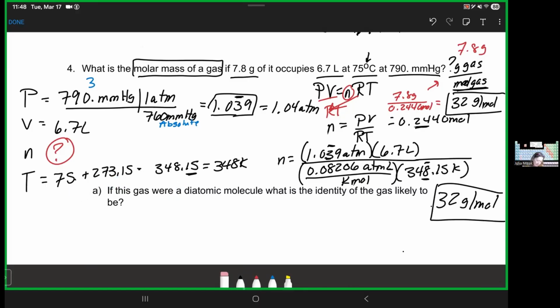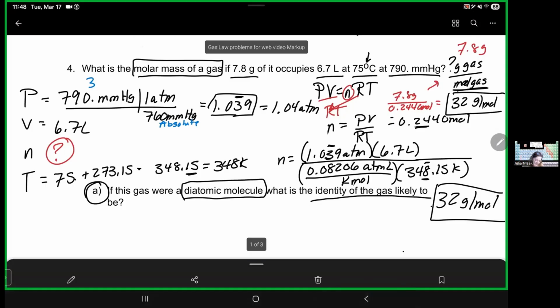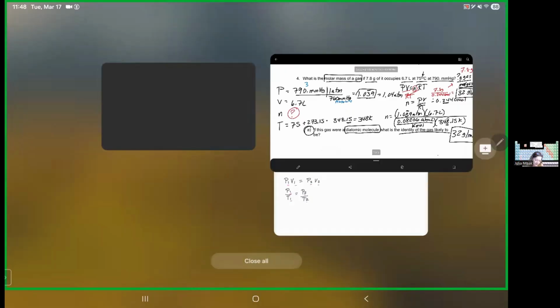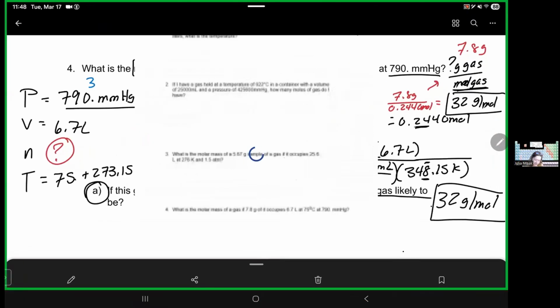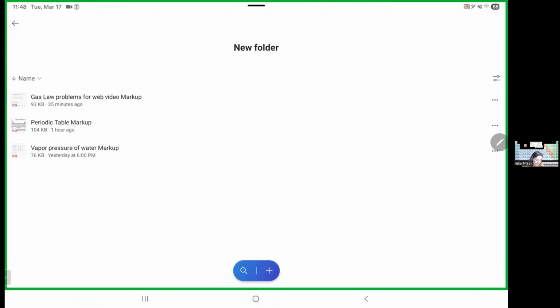I have a follow-up question to that. If this gas were a diatomic molecule, so 2 of the same atom, what is the identity likely to be? Like, what might that gas be? And you might already know off the top of your head if you've been doing a lot of calculations with molar masses. But let's go over to the periodic table.